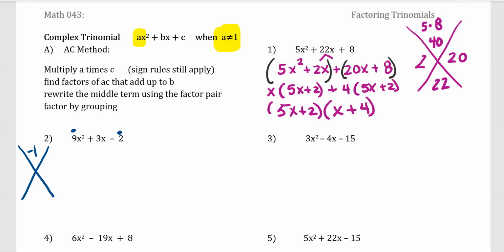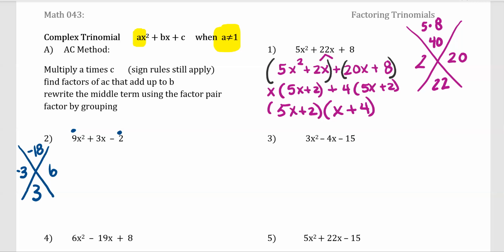So we need the factors of negative 18 that add to b, and b is 3. So 3 and 6, but we have to get the correct signs.